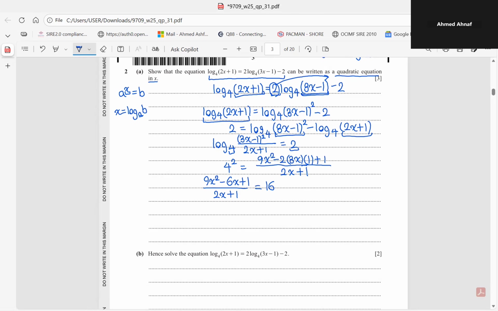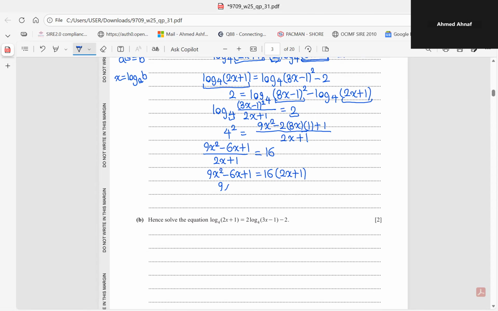And now let's multiply both sides and simplify until we get a complete quadratic equation. 16 times 2x plus 1. Sixteen times 2, that's 32x plus 16. And we can move everything to the left-hand side.